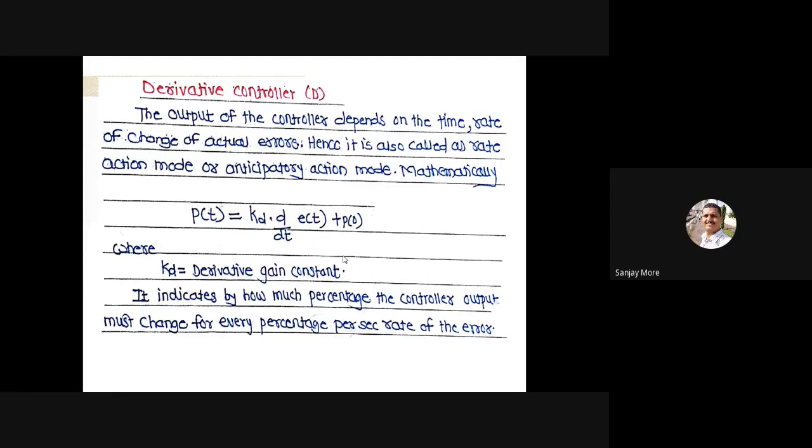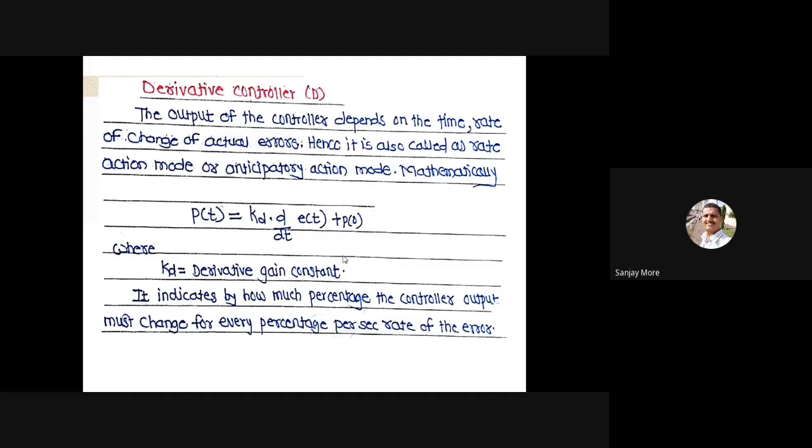So E of t is the error, P of 0 is the control output. And it indicates by how much percentage the control output must change for every percentage per second rate of error.